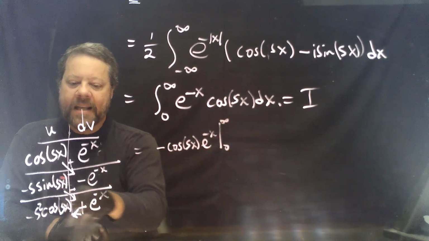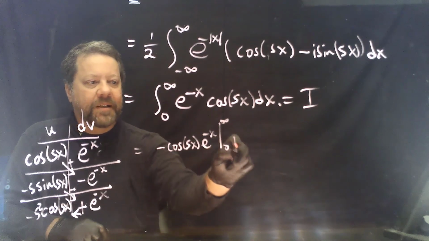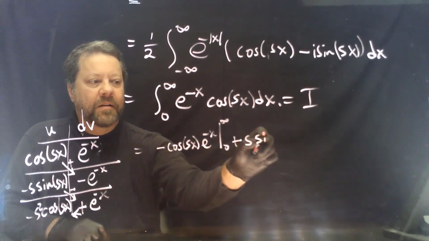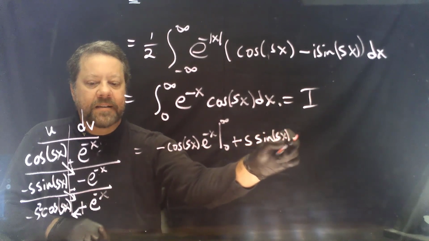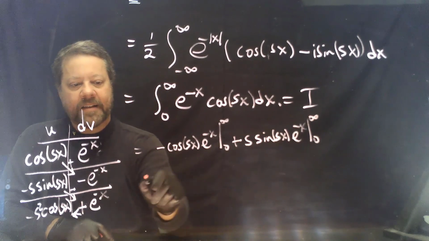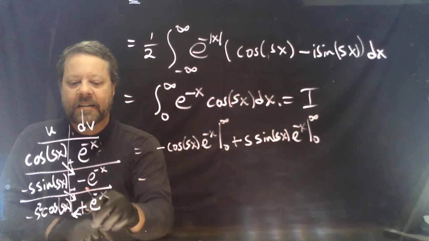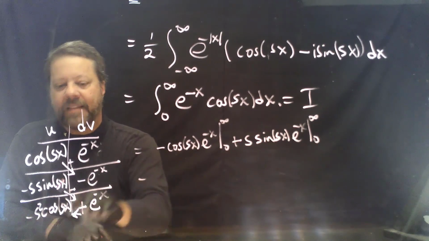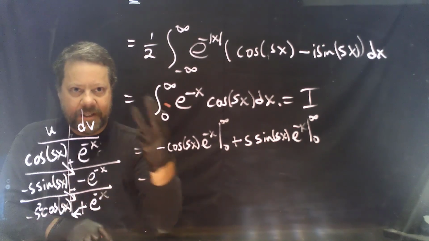And then minus a minus is a plus s sine sx e to the minus x. And then we subtract the integral of the product, which also has a minus, and then affix the minus sign here. So that's 3 minuses.